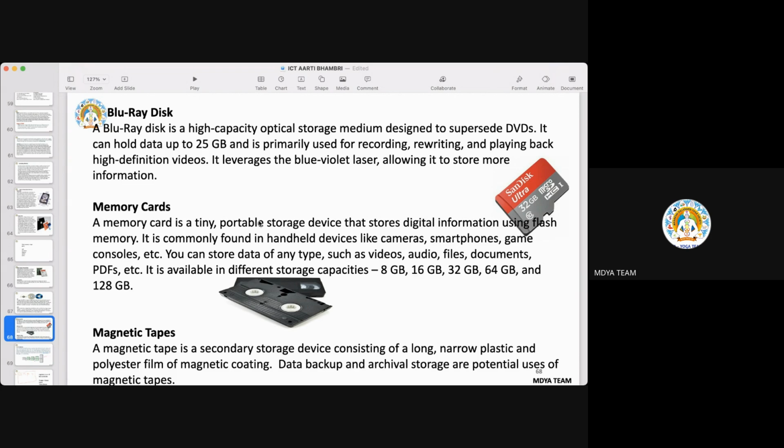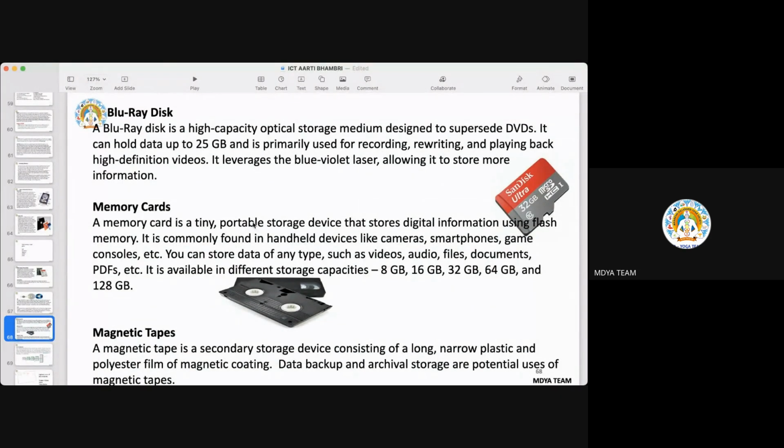Again, it is for the storage of video, audio, files, documents, PDFs, and their capacity is up to 8 GB to 128 GB, quite good enough.